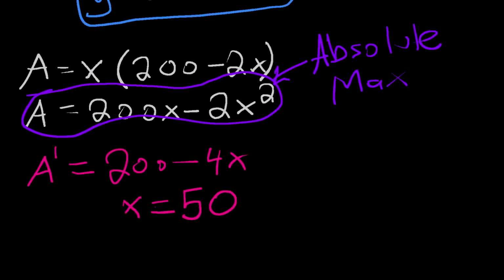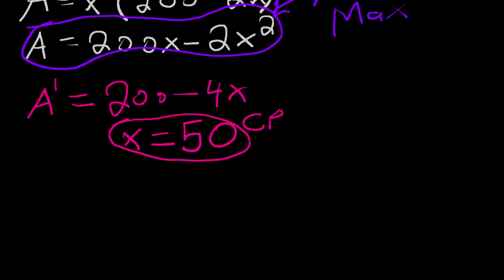So this is your critical point. Since you're looking for the absolute maximum, remember you plug the critical point, 50, into the original function, and you plug in the endpoints.